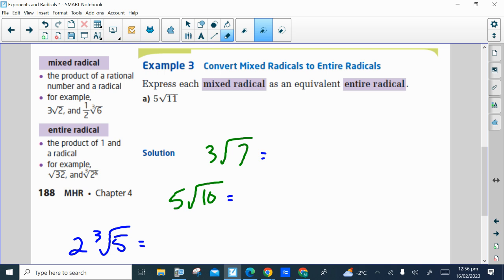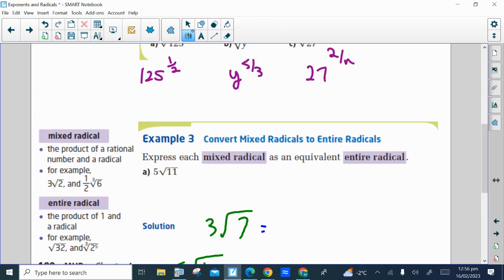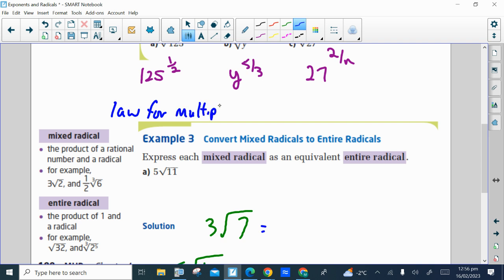And we're going to do this by using a fairly simple law dealing with radicals. Our law for multiplying radicals is this.